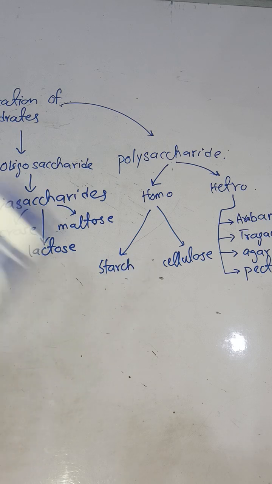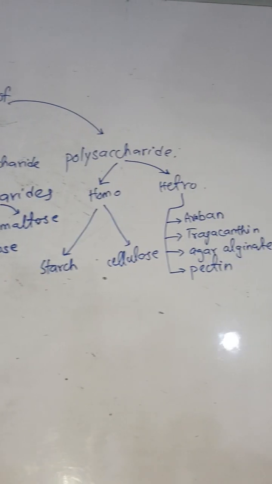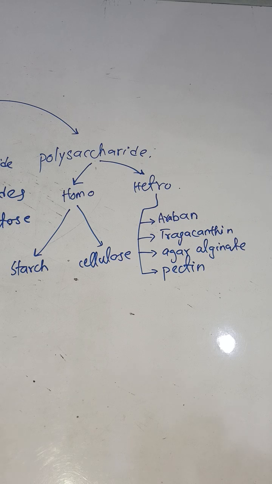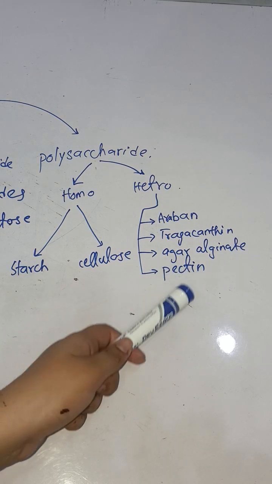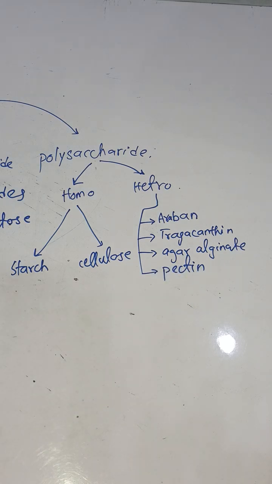Examples of homopolysaccharides are starch and cellulose. Starch is made up of glucose units linked together. Similarly, cellulose is also made up of glucose. But examples of heteropolysaccharides are arabin, tragacanth, agar, alginate, and pectin. They are not made up of glucose alone.